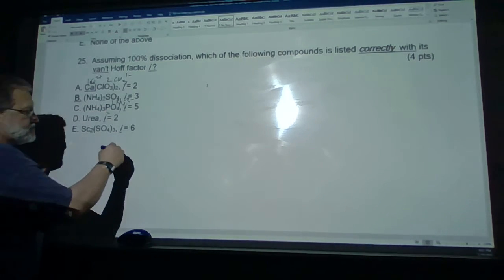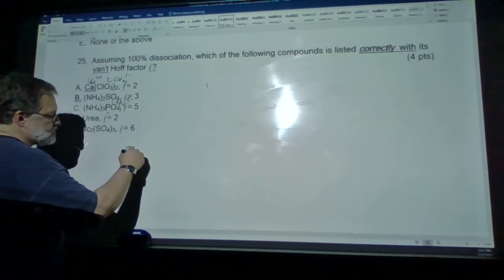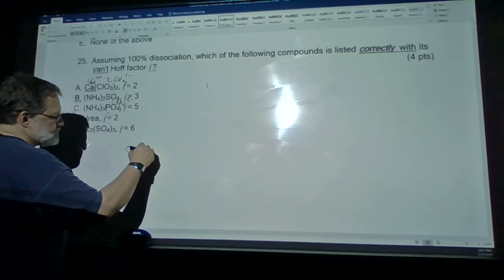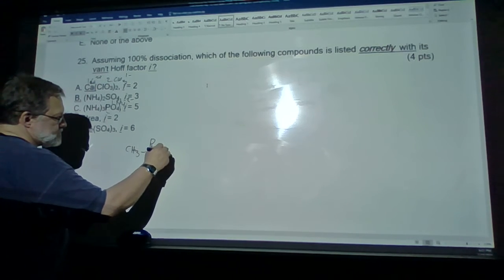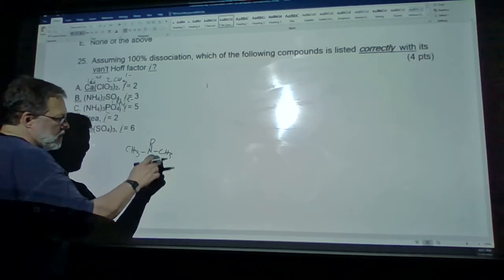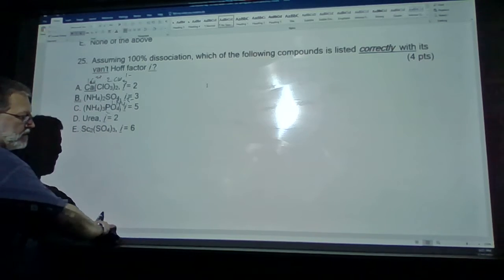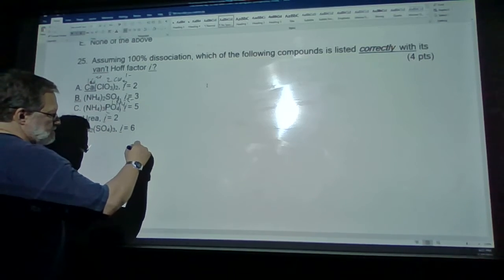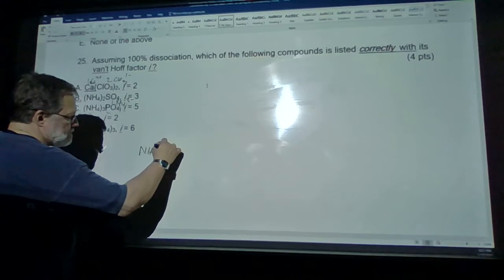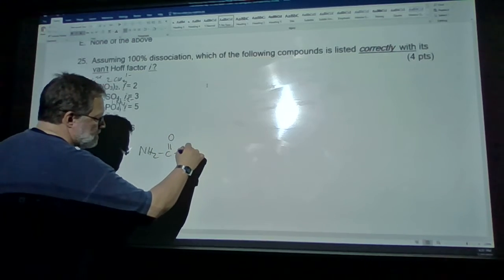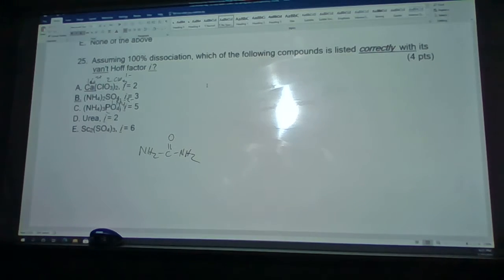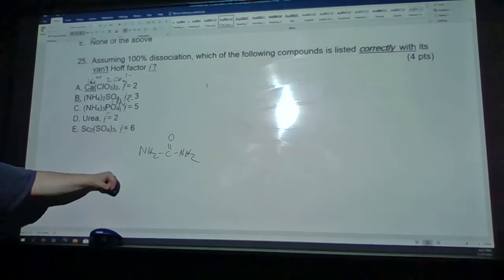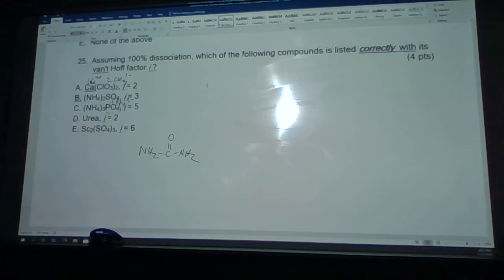Urea is a molecular compound. It does not bust up into cations and anions.